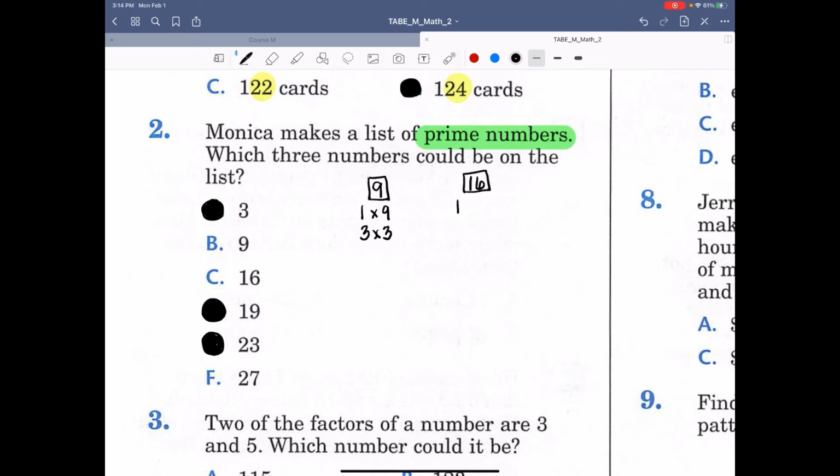You do have 1 and 16, but you also have 2 and 8, and you have 4 and 4. And then 27 is not prime because it has 1 and 27. It also has 3 and 9. We need prime numbers in this one. So number 2 is A, D, and E.